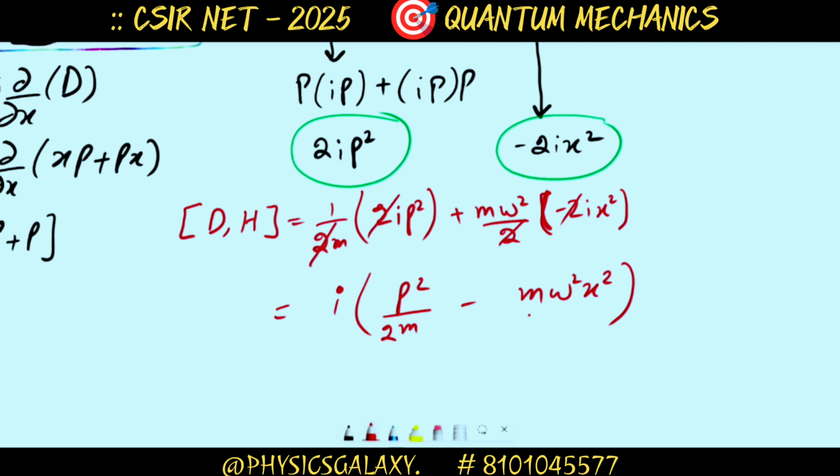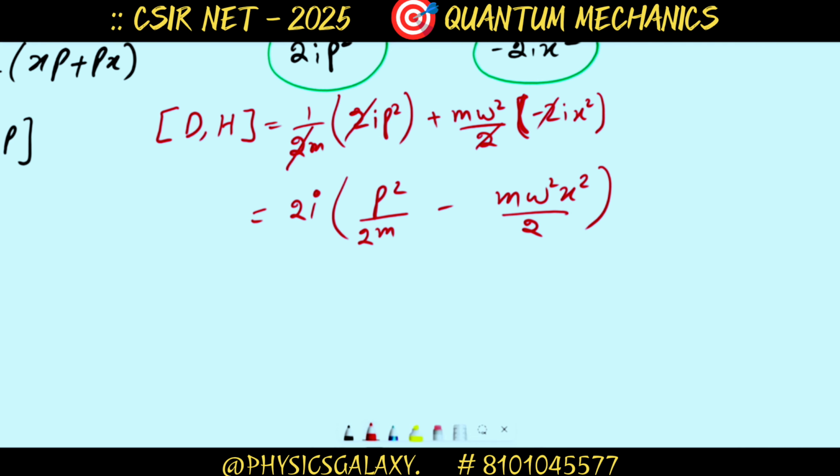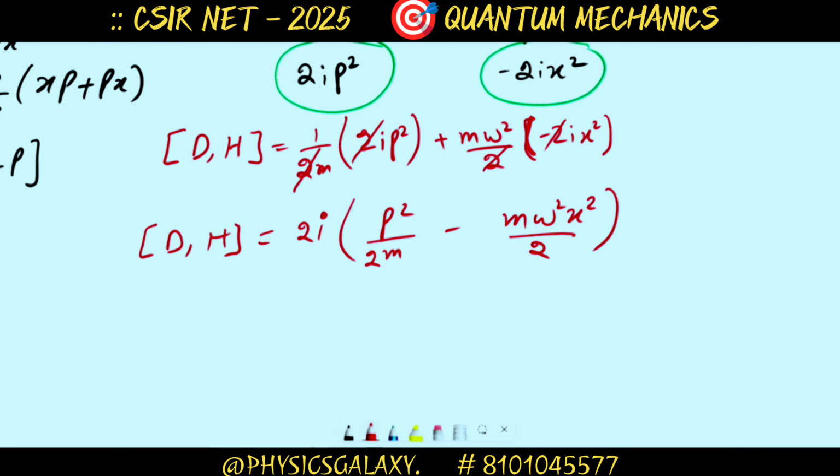We can put 2 here, then we have to multiply 2 here. So this is the commutation relation [D, H], but we have to find the expectation value of this.